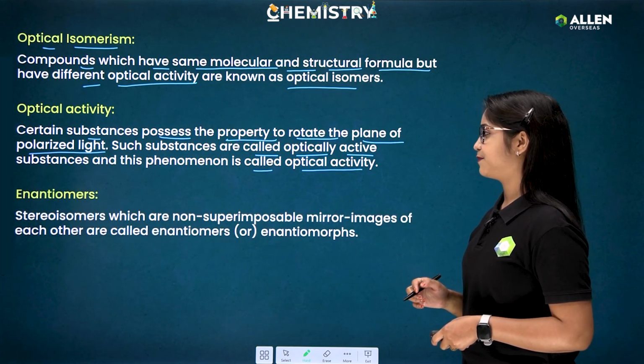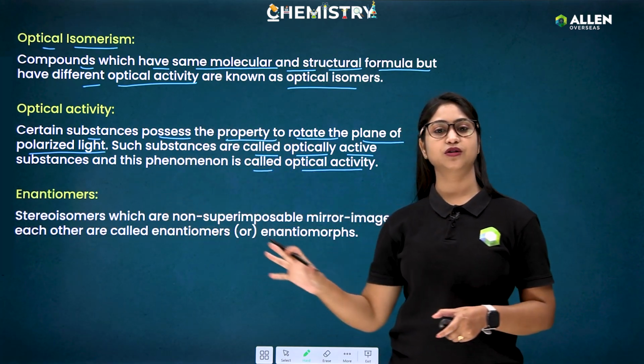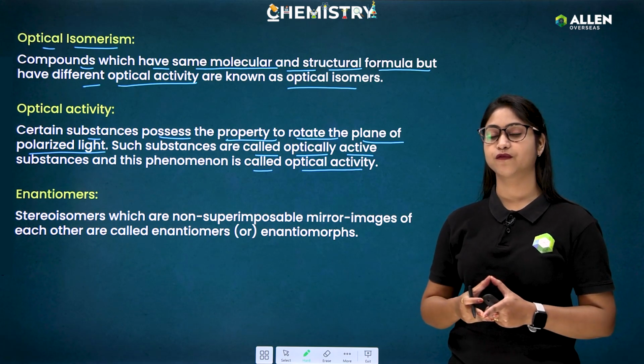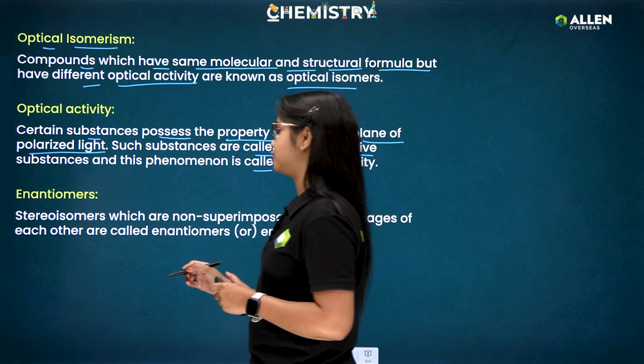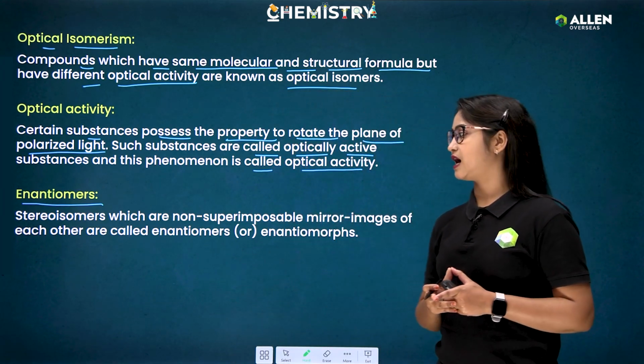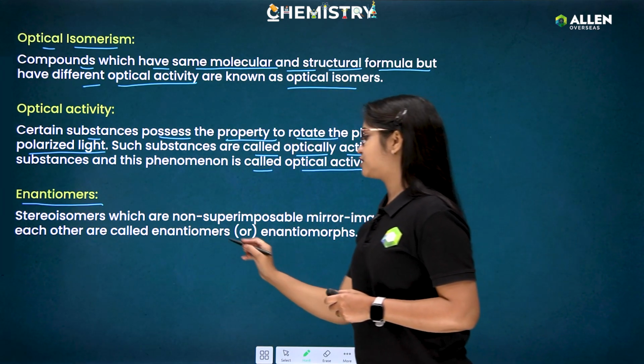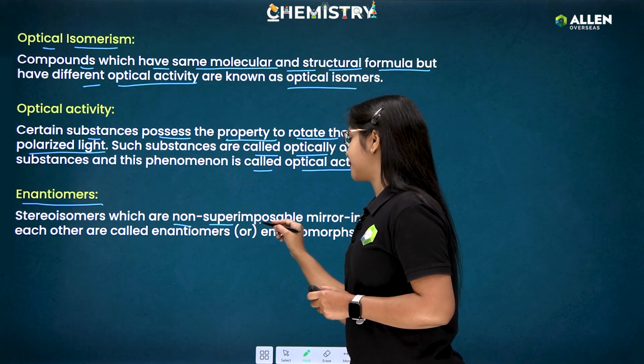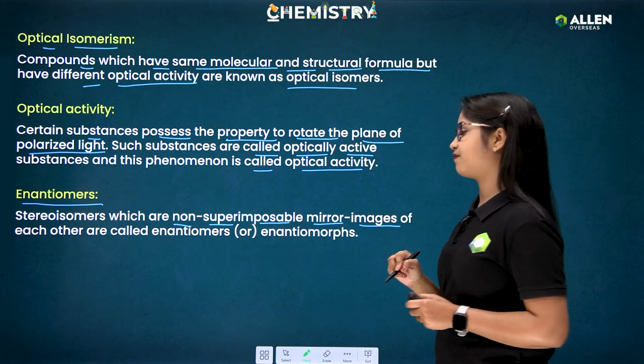Okay, so in optical isomerism also we have different categories of compounds. First of all, we have enantiomers. Now what are enantiomers? Enantiomers are those stereoisomers which are non-superimposable mirror images of each other.